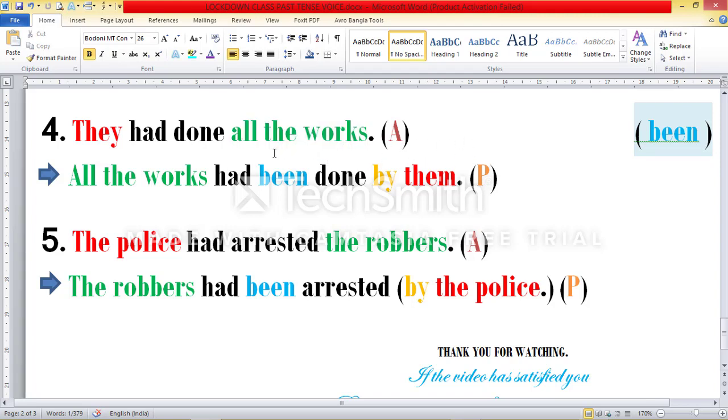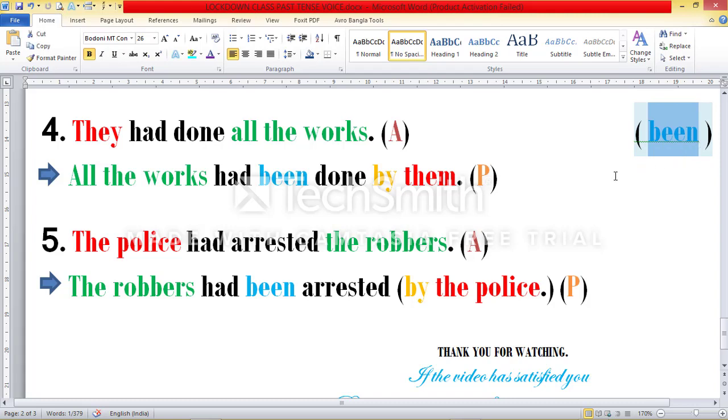So our first duty is to make the object subject. So all the works here in the passive form has become subject. And after that, as per rule, the form had will come, of have verb. Then after writing had, we have to go to the verb been.